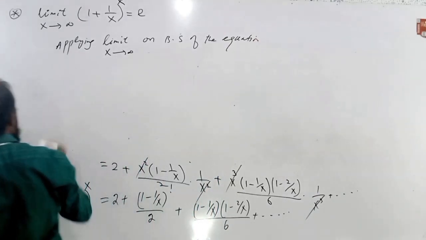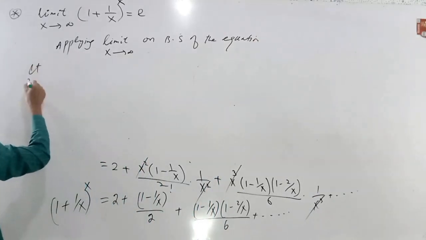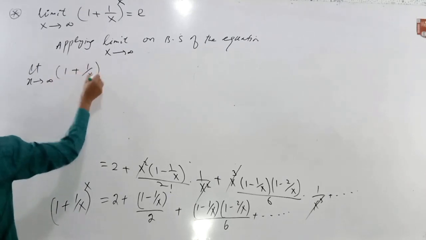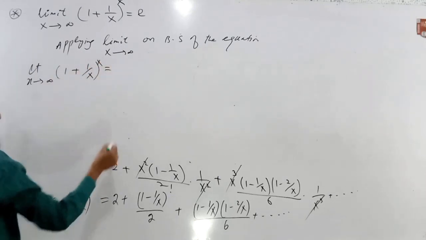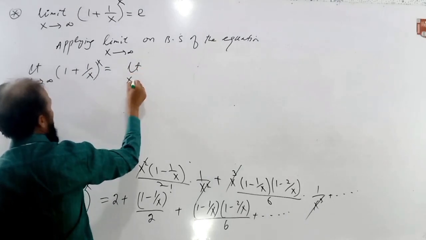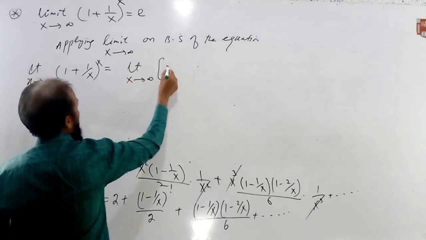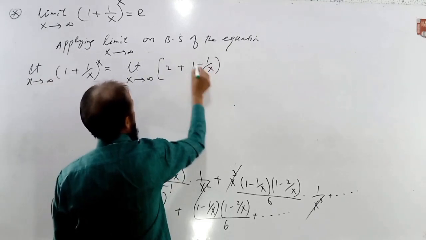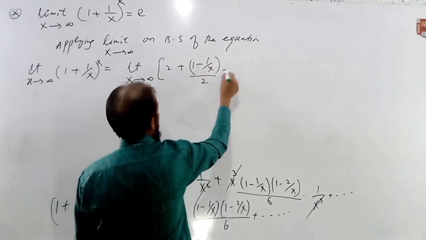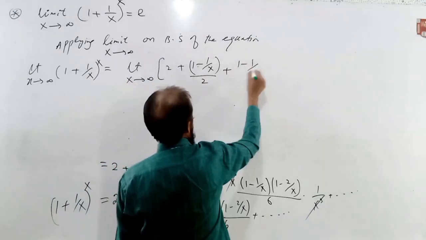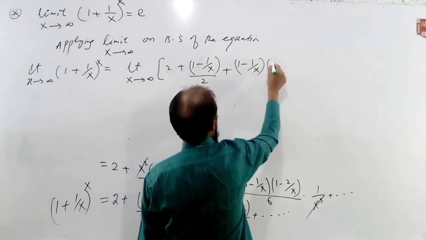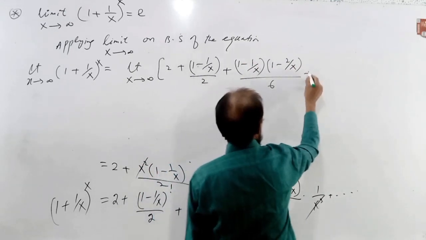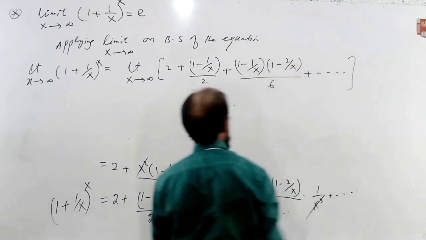So we will get here limit extends to infinity 1 plus 1 by x whole power x is equal to limit extends to infinity 2 plus 1 minus 1 by x divided by 2 plus 1 minus 1 by x into 1 minus 2 divided by x divided by 6 plus up to so on.